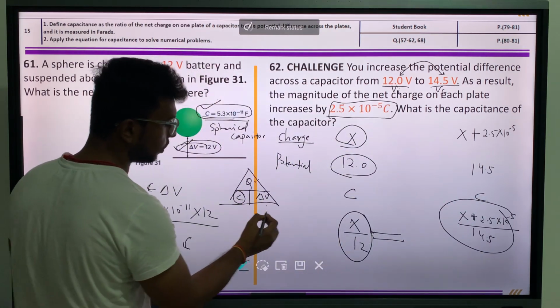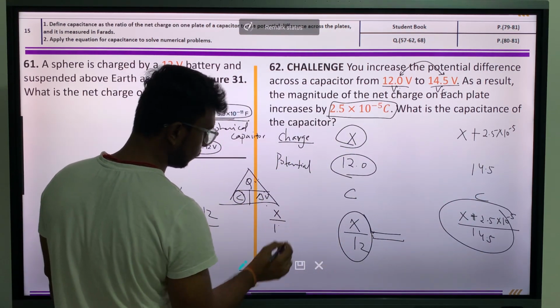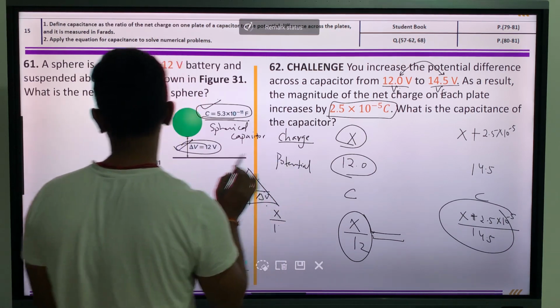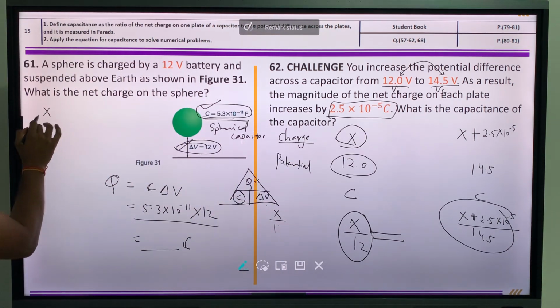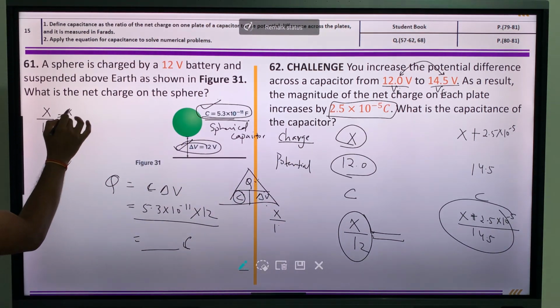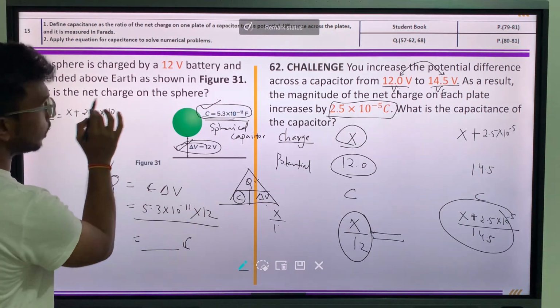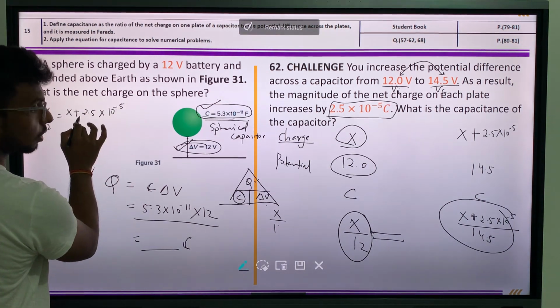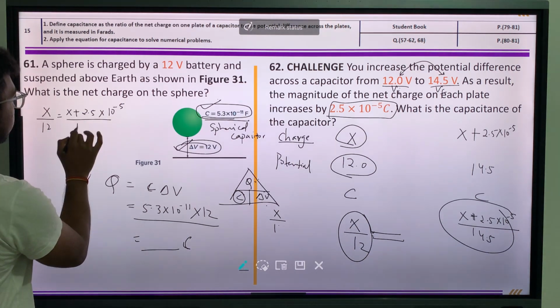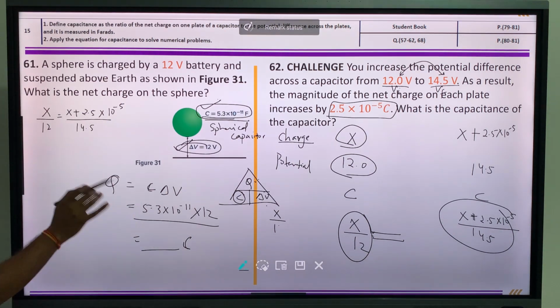You can solve it using a calculator. X by 12 should be equal to X plus 2.5 times 10 to the power minus 5 over 14.5. You can do it with a calculator.